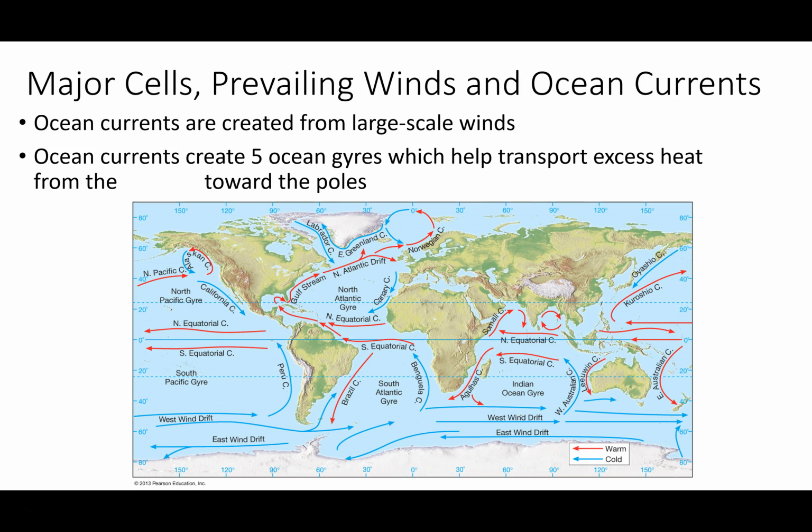So here are 5 major ocean gyres, and one of the things that ocean gyres do is, well, of course they give us transportation, but they also allow transportation of cold water down towards the poles. From the poles we can transport warm water up. So it's kind of an equalizing sort of thing.